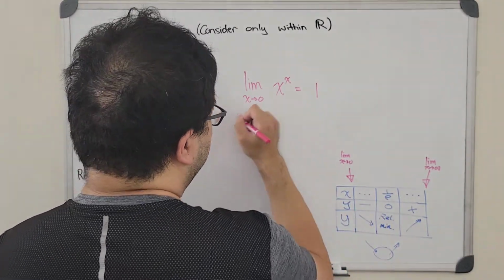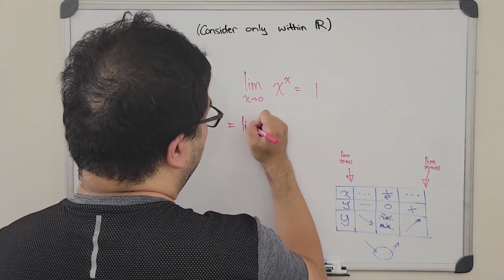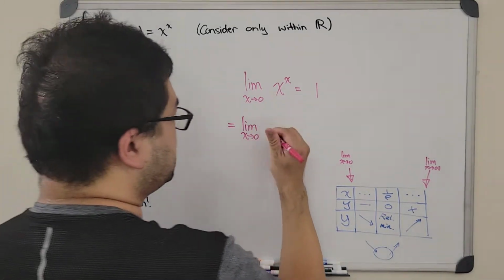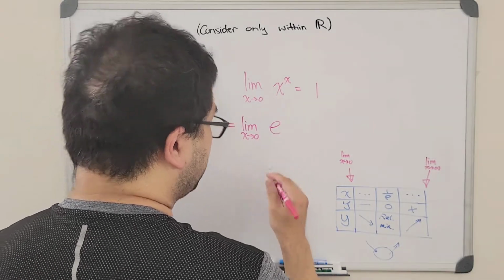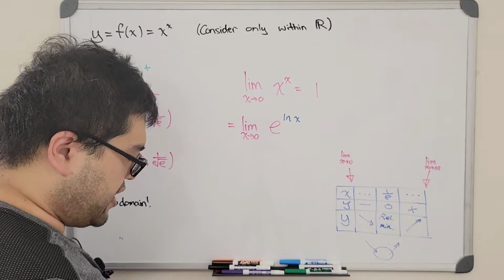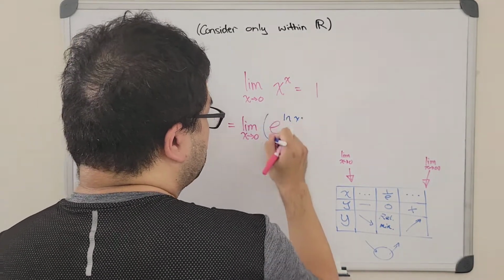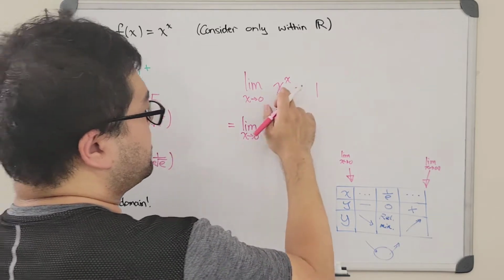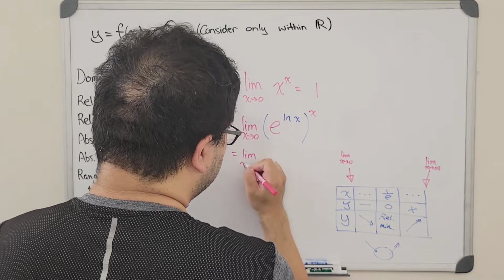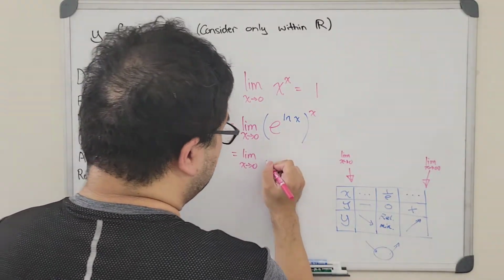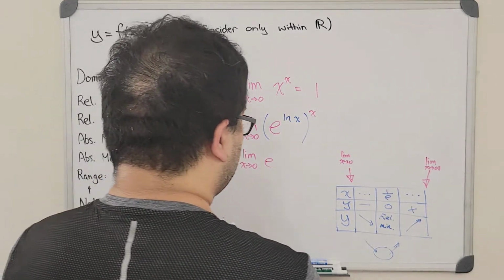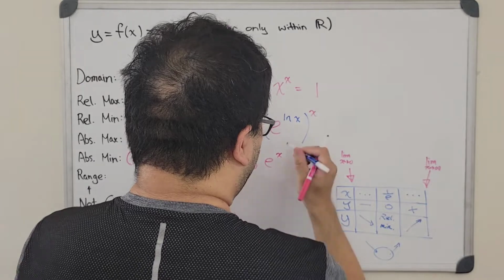The way of thinking of it is we can rewrite the base into base e, but to do that, we end up with ln of x, because we changed the base from x to e. And then don't forget, we're still raising it to the x power outside. So this is going to give us e raised to the product of the two exponents, x to the ln of x power.